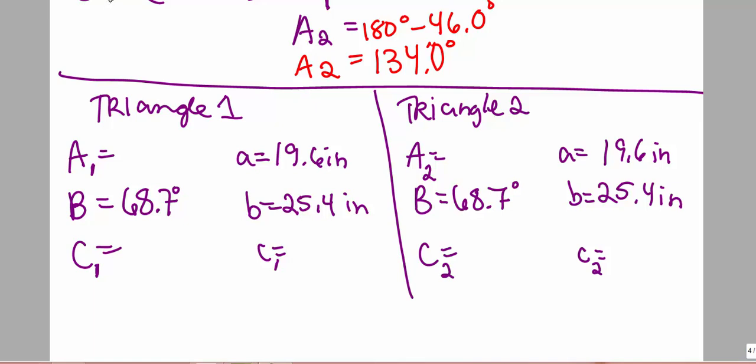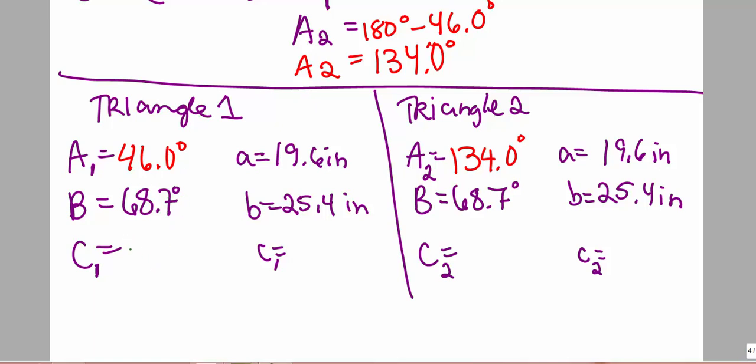Okay, so our quadrant 1 angle we said was 46.0 degrees, and our quadrant 2 angle for A was 134.0 degrees. So let's solve for angle C in both cases. So we're going to do 180 degrees, subtract 46, subtract 68.7.